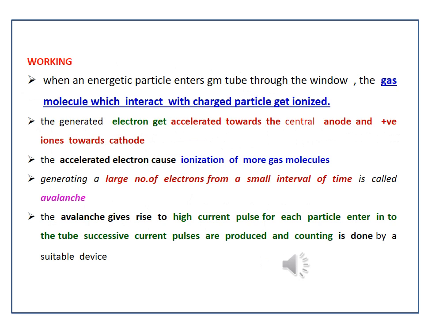The working principle of a GM counter: when an energetic particle enters the GM tube through a window, the gas molecules interact with the charged particles and get ionized.